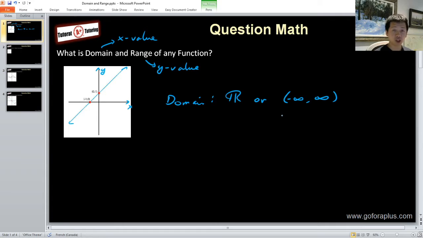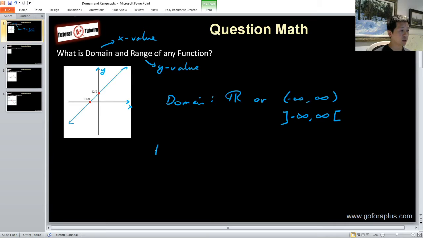Some systems, like the French system, actually use the square bracket for that, so these two are from different systems. In the English system, we normally use the round bracket to represent excluding, and we use the square bracket for including. We'll be looking at that in the next examples.